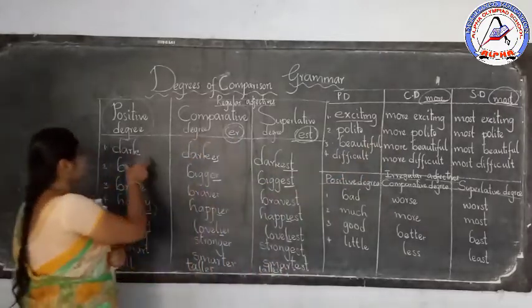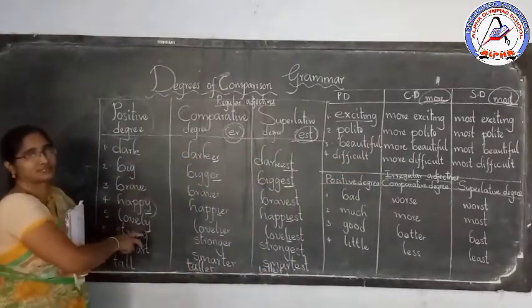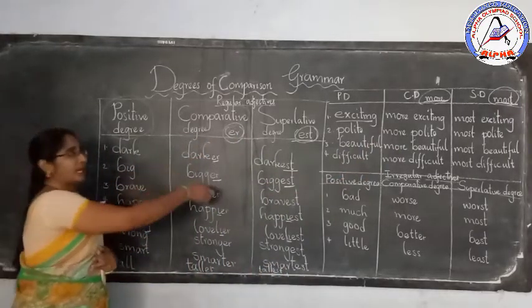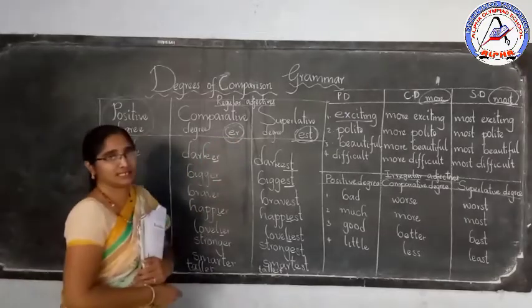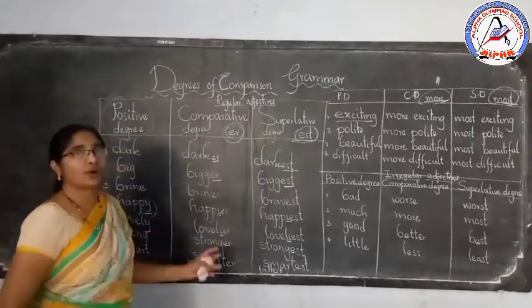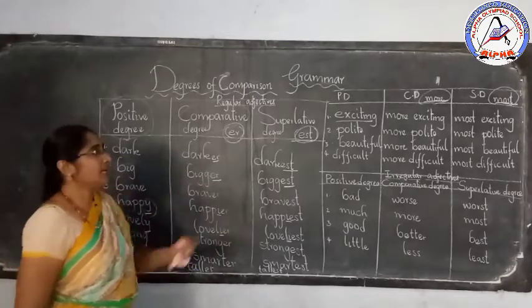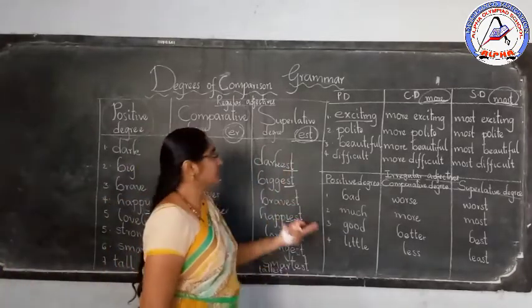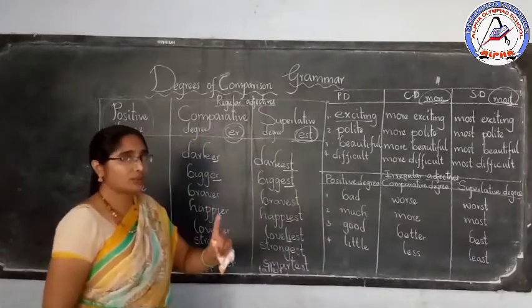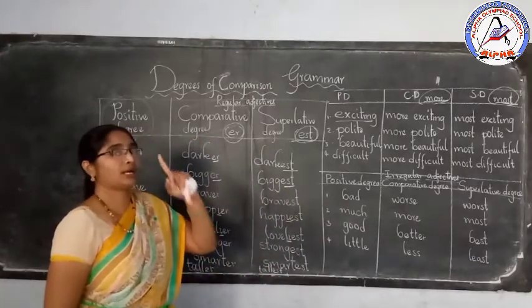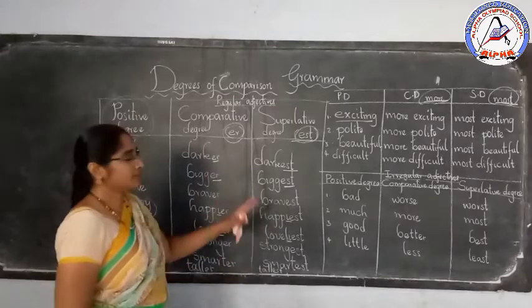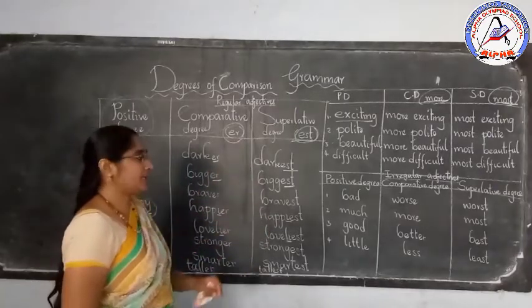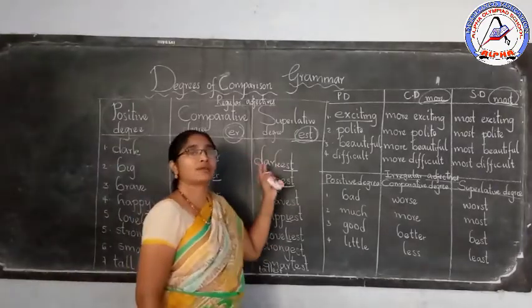When the words are small words, one syllable words, you have to add just er and est. And you use the comparative form when you are comparing two things, and the superlative form when we are comparing more than two things, one thing or person in the whole matter, then you will use the superlative form. These are about regular adjectives.